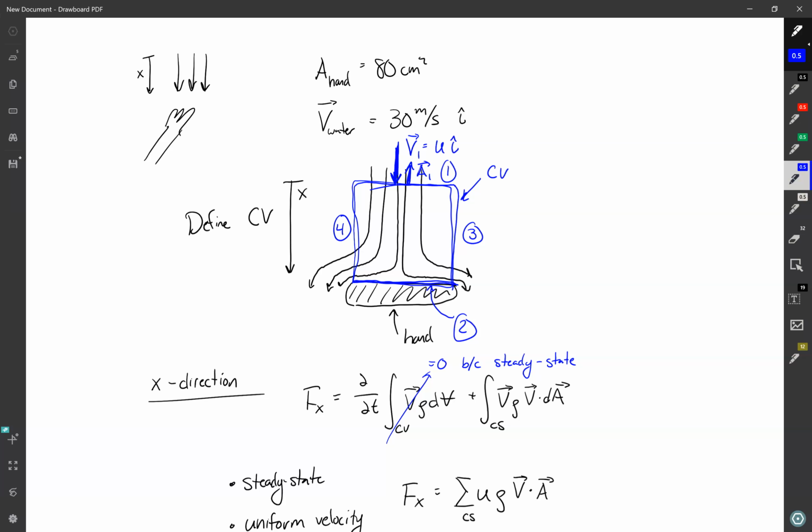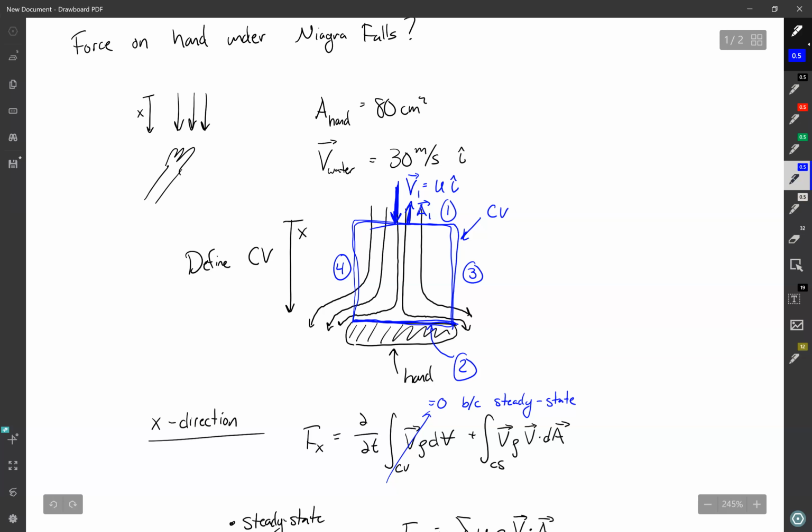Things are going to be happening in the y and z directions. We're just not looking at them in this case, because we care about forces in the x direction. So we have to be careful as we go through these problems about what our directions are, what our forces are, where our control volume is, and what's exactly happening to that. But if we do those things carefully, there are a lot of different types of problems that we can solve, and a lot of different behaviors of fluids that we can begin to understand.